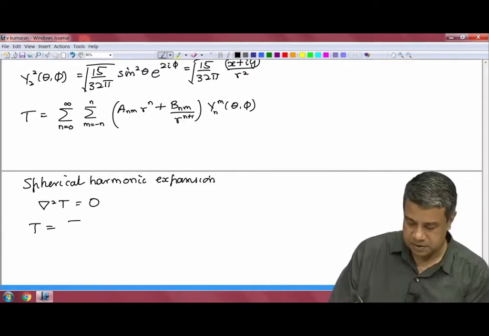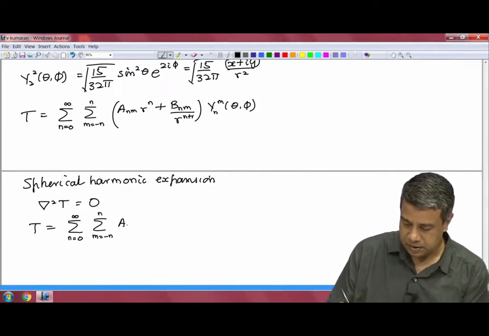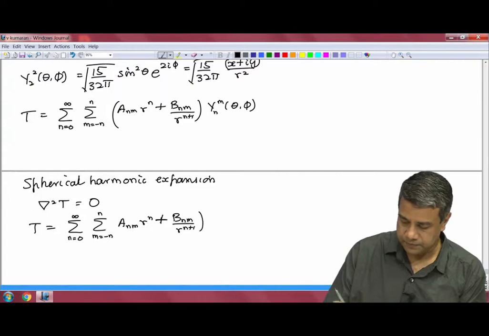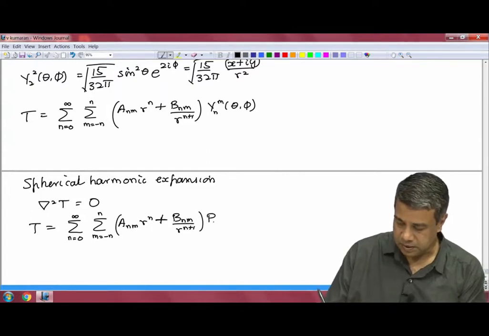The solution expressed in spherical harmonic form is the sum over n from 0 to infinity, sum over m from minus n to plus n, of (A_nm r^n + B_nm / r^(n+1)) times Y_nm.